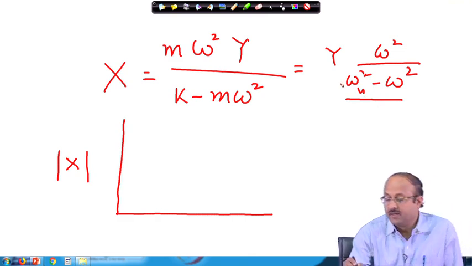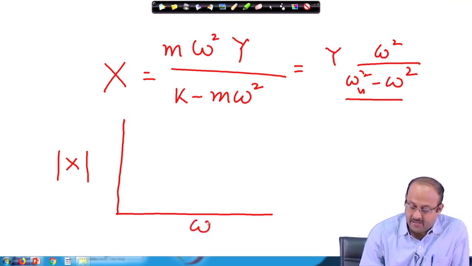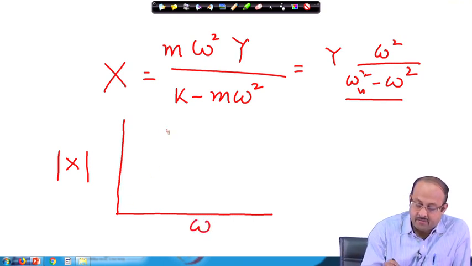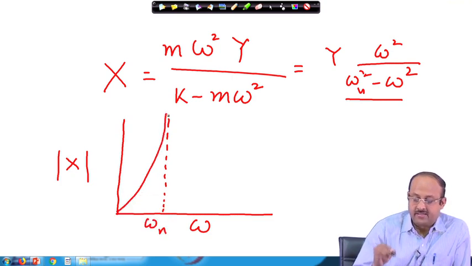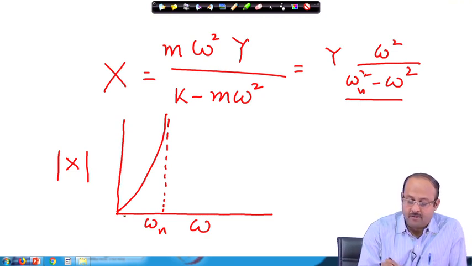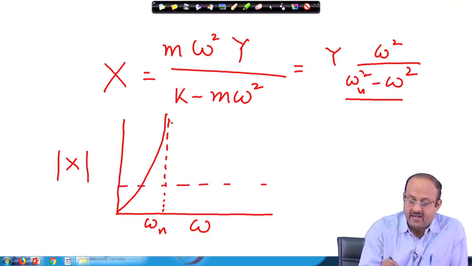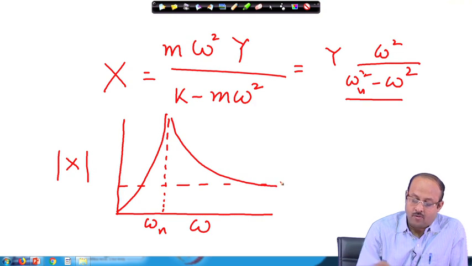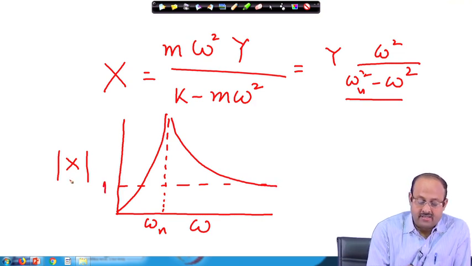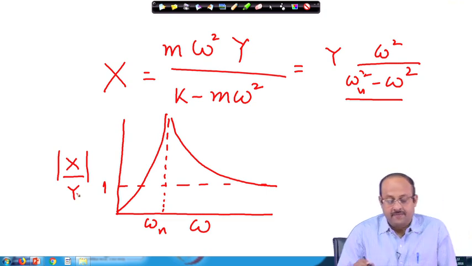Now, what will happen when omega is very small? If I plot this against omega, then when omega is very small, it is approximately 0, whereas when omega is quite high, then it reaches the value 1. This is actually X divided by Y that I consider.